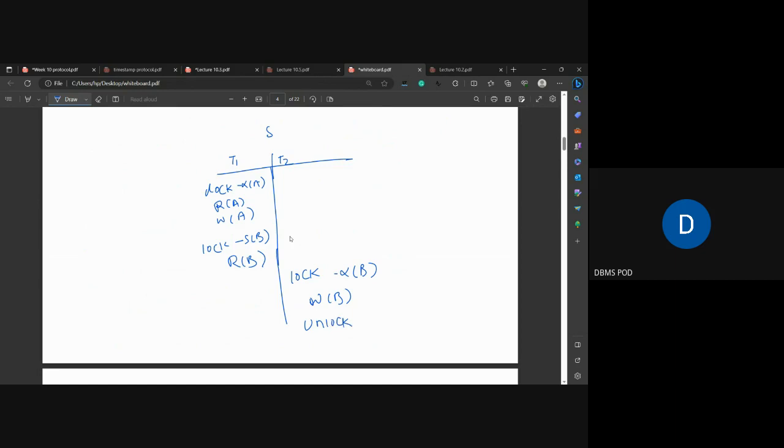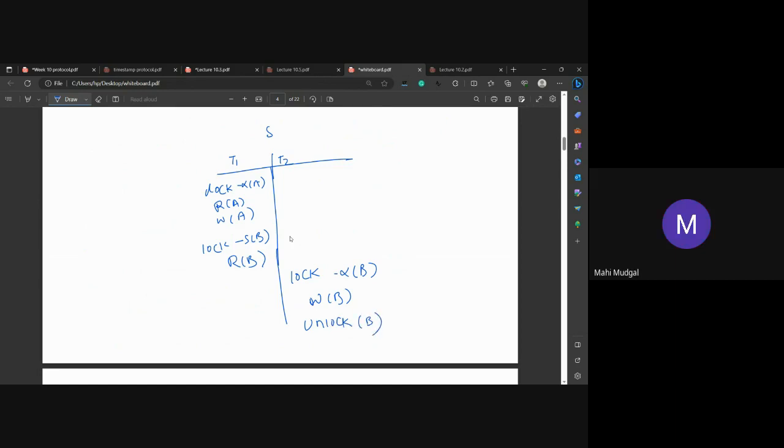Okay, let's give one more example. Suppose T1, then T2. Exclusive lock is applied, then read A, then write A, then shared lock on B, then read B, and then exclusive lock on B, write B, unlock B. So does that follow the locking protocol or not?